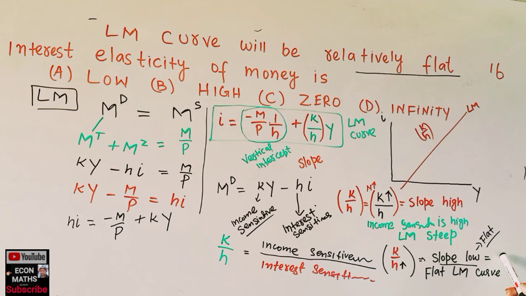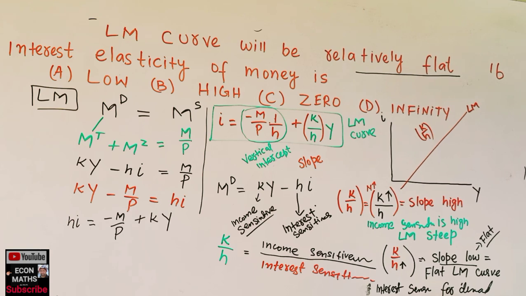The slope will be flat when h is high. In this k upon h, if h is high, that means when interest sensitivity for demand for money is high.